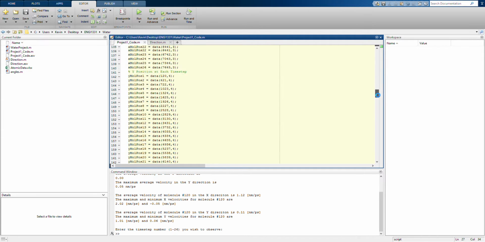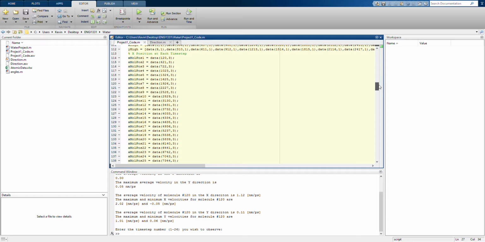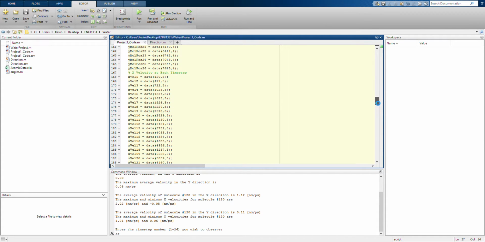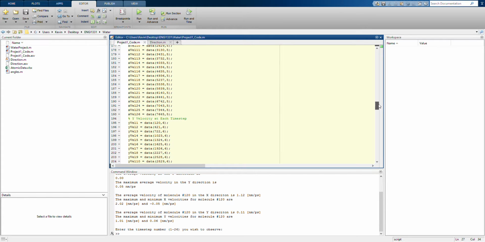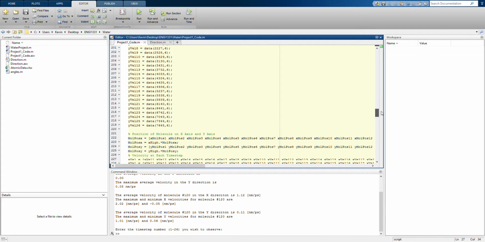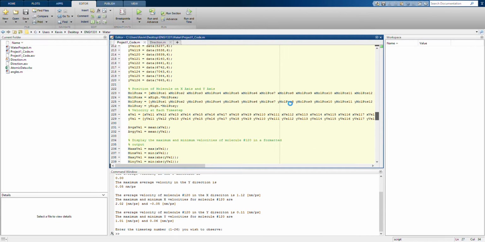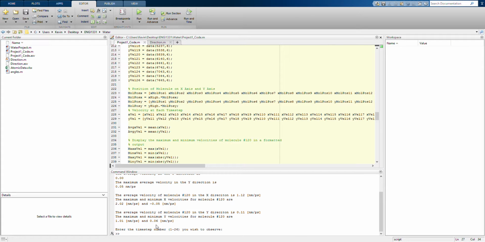So we typed in all the data for molecule number 120, and we found all of its data for those time steps as shown over here: x velocity through 26 time steps, y velocities through 26 time steps, positions through all 26, and then we put them into matrices and plotted it as shown through the molecule number 120 plots.